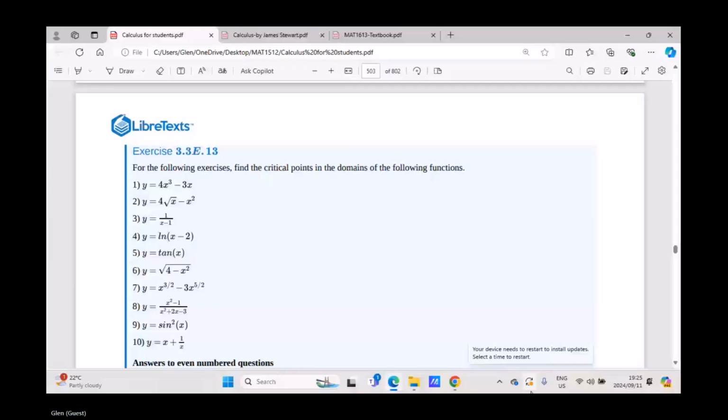Okay, so since we are looking at y equals x plus 1 over x, the first thing we look at is the 1 over x, where we want the x to be on the numerator. So that will be x to the power -1. When we derive x, it will be 1.